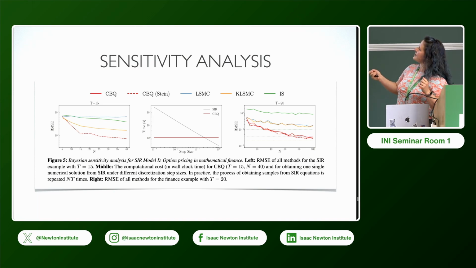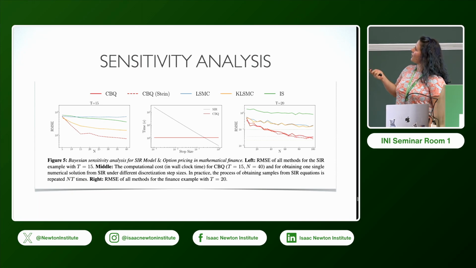This is a visualization of, even though Bayesian quadrature in general and conditional Bayesian quadrature in particular is expensive in that it takes n cubed plus t cubed to evaluate because of the need to invert kernel matrices.